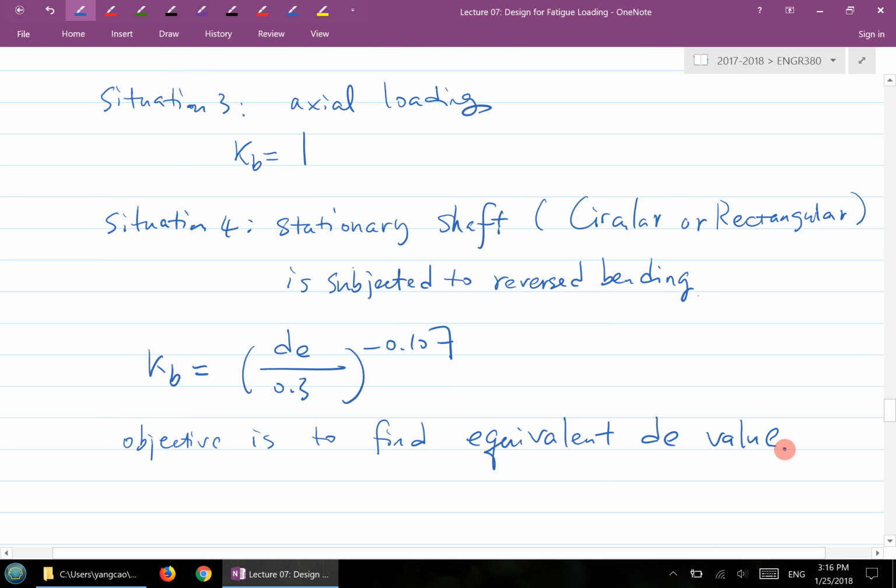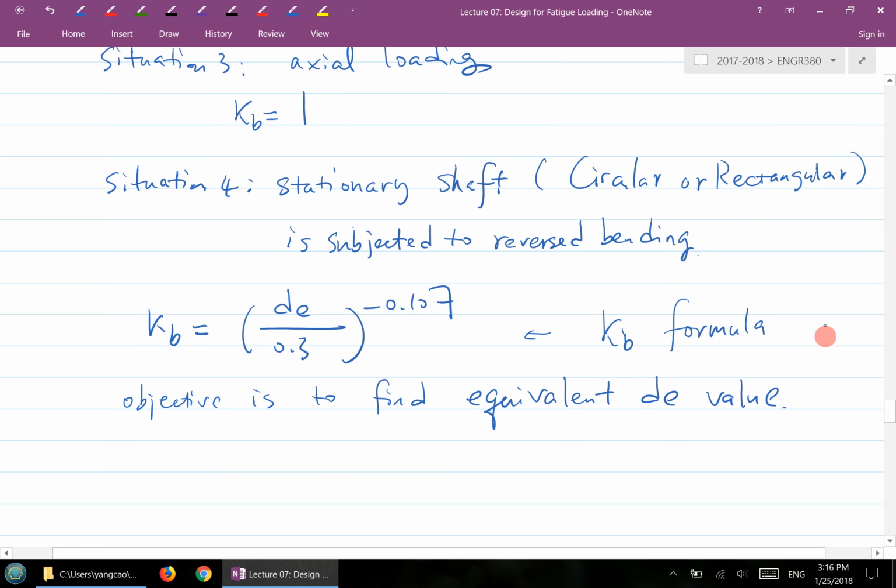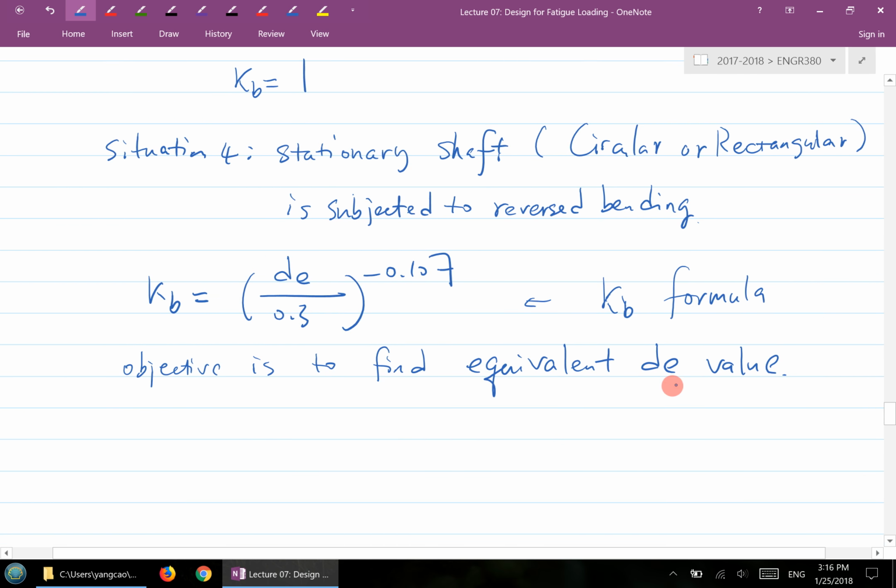I'll explain what this equivalent means. So we have to find the DE value first, then plug it into this KB formula. This is your KB formula. I only write a portion of the formula.